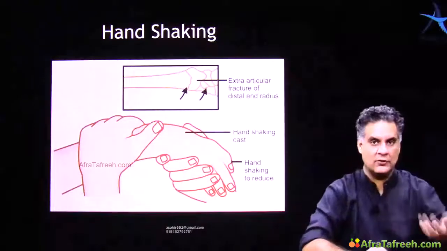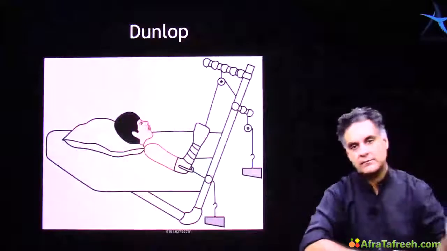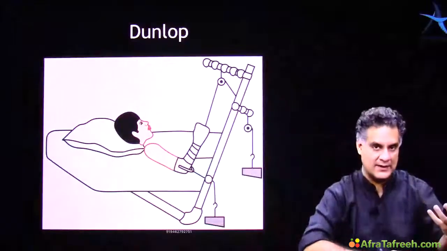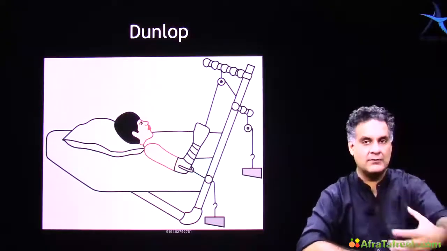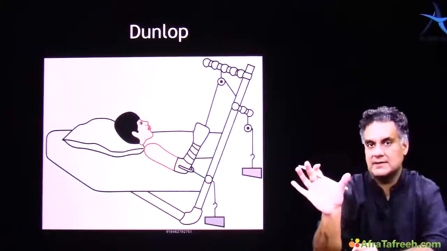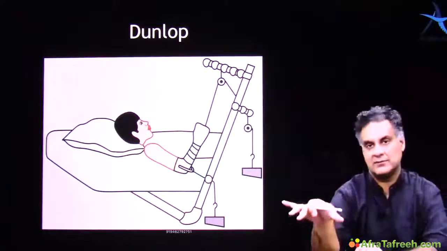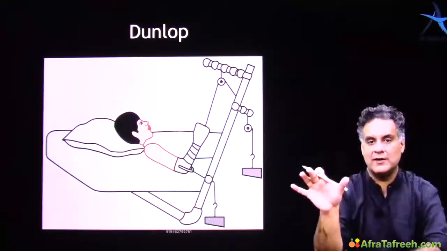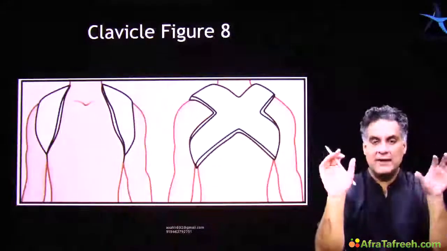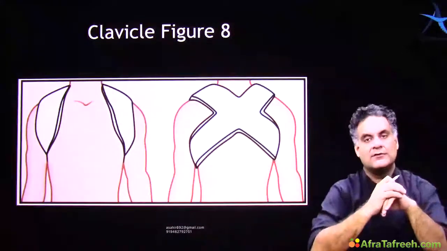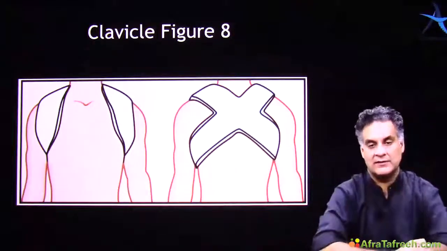Handshaking cast is for Colles fracture. Dunlop traction and Smith traction are for supracondylar humerus fracture. So remember, Smith is not for Smith fracture. So Smith traction is for supracondylar humerus, and figure of 8 bandage, I think this image is going to come to you, is for the most common fracture that occurs, and that's the clavicle.